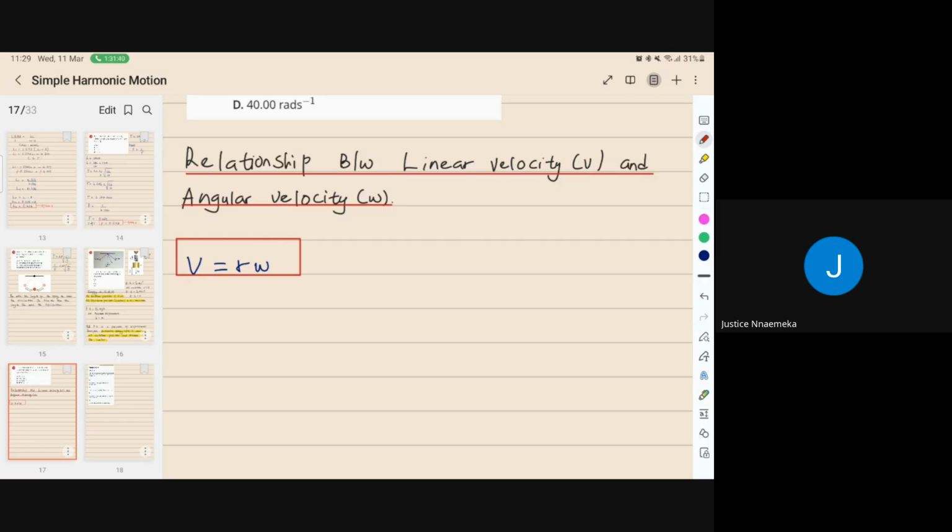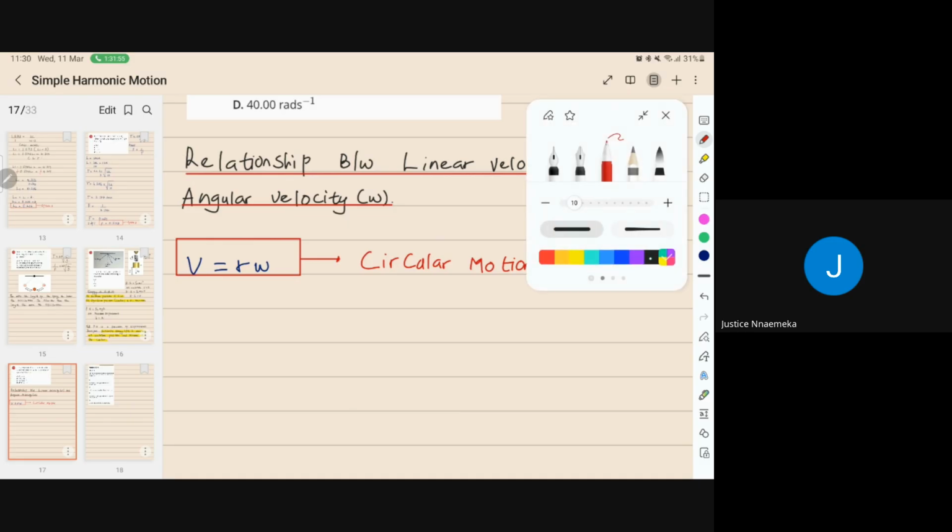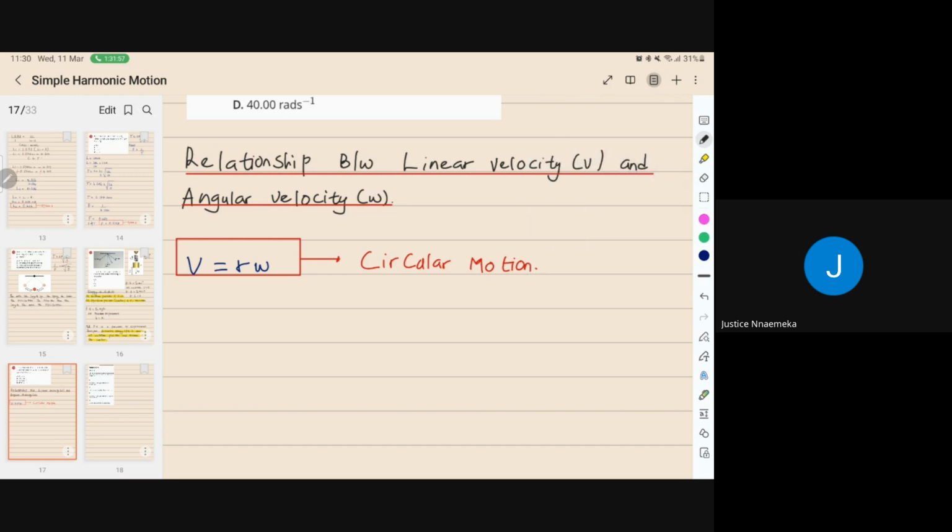Now, this is for circular motion. For simple harmonic motion, more like your oscillatory motion, we have that your velocity v is equal to omega times the square root of a squared minus x squared.